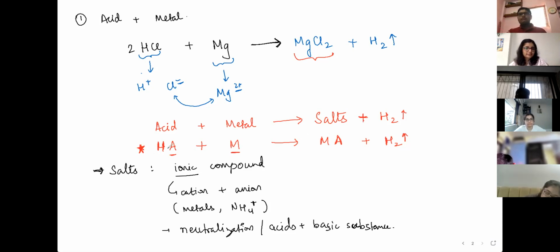If the acid is SO4 2 minus, then the formula of the salt will change accordingly. So that part you need to be careful about. But the general concept or the idea is that the anion will combine with the metal and hydrogen is released as a gas.